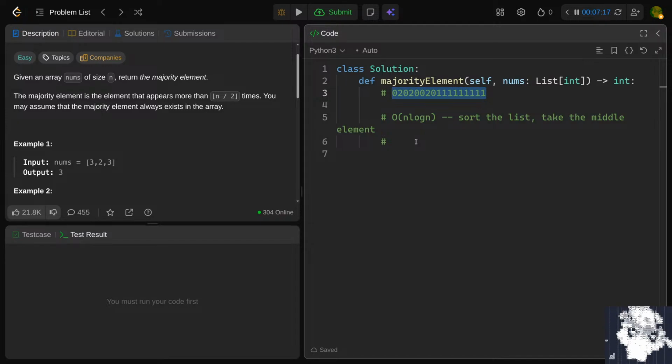When you're done your count, you'll know whether it's the correct answer or not, because you'll count whether it has more than half of the elements in the list. If it was the correct answer, return it. If it wasn't the correct answer, repeat. So pick a random element. Each time you do it, you have a greater than 50% chance of succeeding.